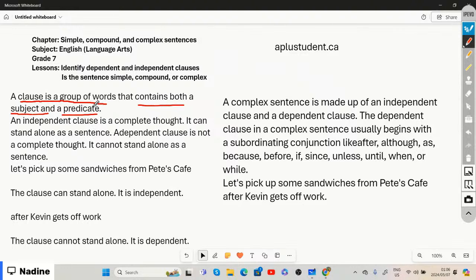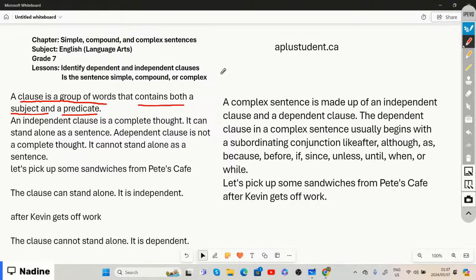And we said it contains both a subject as well as a predicate.